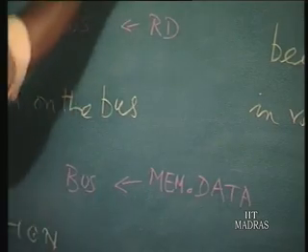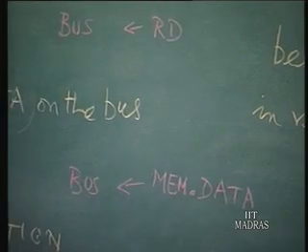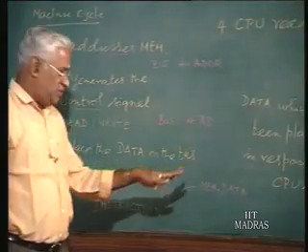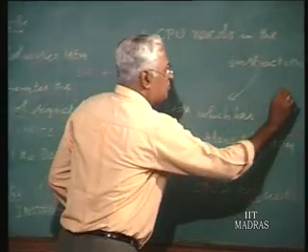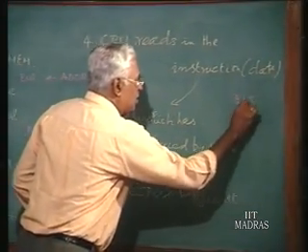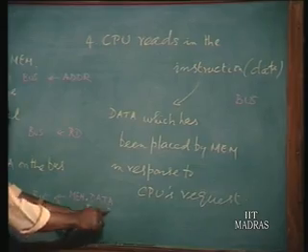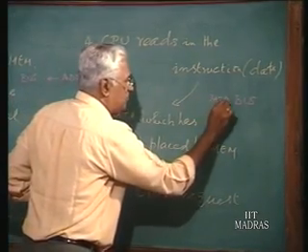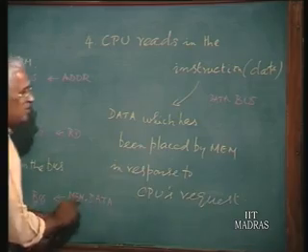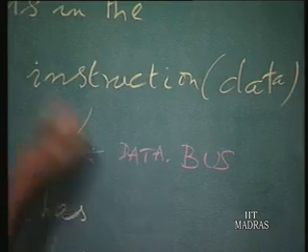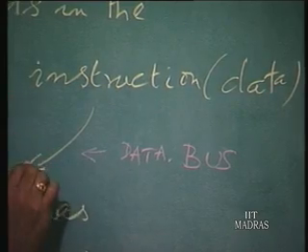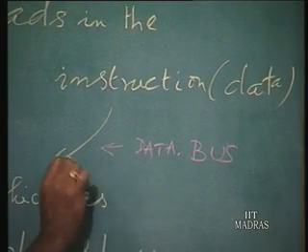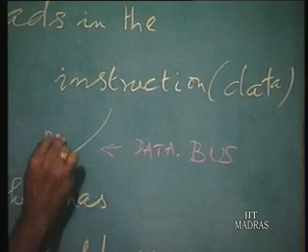Now here it's all the CPU doing that. Now CPU reads in the instruction, which means whatever was there on the bus, that is actually the data. The data which was available on the bus is going into the CPU. In the CPU means I will just put it as going into some register.